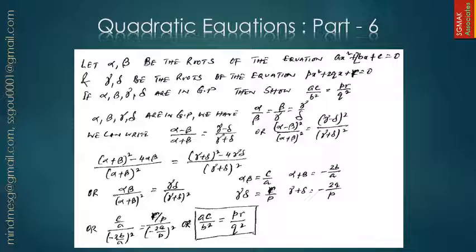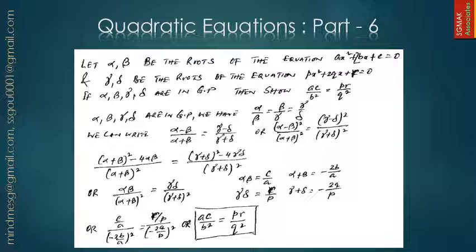Or alpha minus beta squared divided by alpha plus beta squared is gamma minus delta squared divided by gamma plus delta squared, and that gives us, using the sum of the roots and product of the roots, alpha plus beta is minus 2b over a, alpha beta is c over a, gamma delta is r over p, gamma plus delta is minus 2q over p.